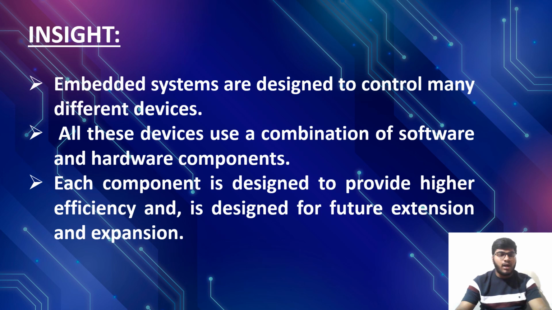The software and the hardware components are processed by the devices in such a way that it processes at a particular time. Each component is designed to provide higher efficiency and is designed for future extension and expansion.